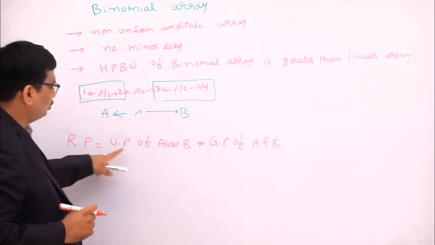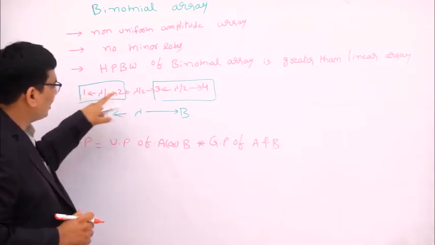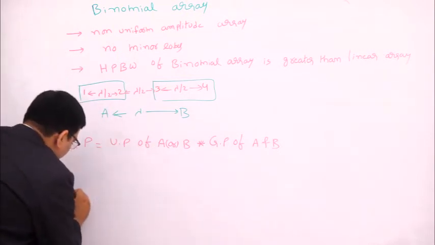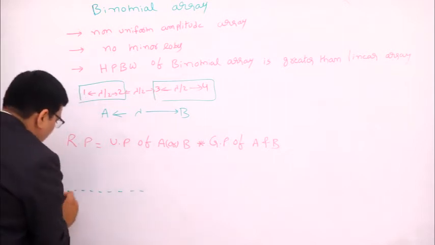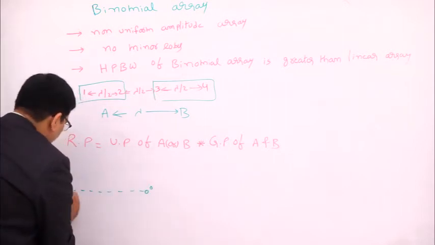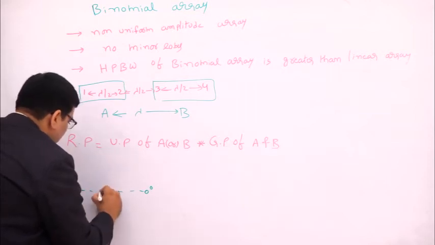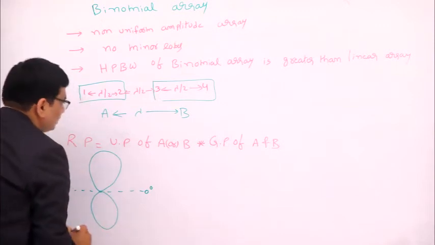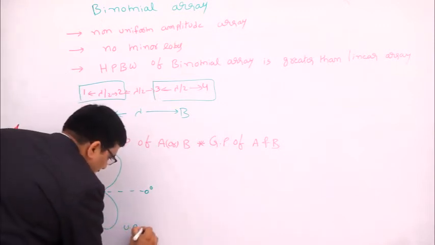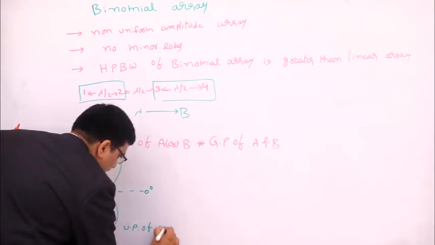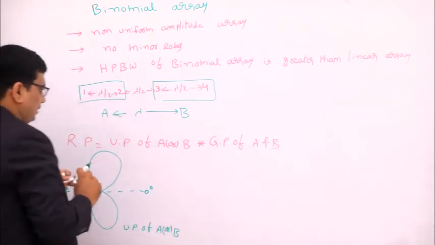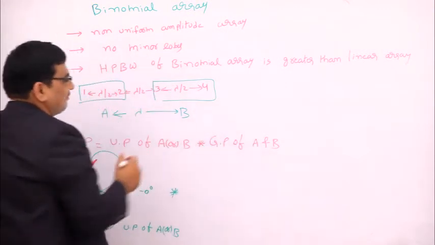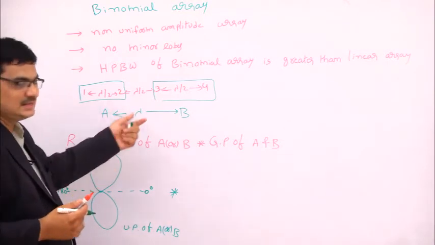It is the group pattern of 1 and 2, which are separated by a distance lambda by 2. So at 0 and 180 degrees we have nulls, and at the 90 degree direction it is the unit pattern of A or B, and we multiply it with the group pattern of A and B, which are separated by a distance lambda by 2.